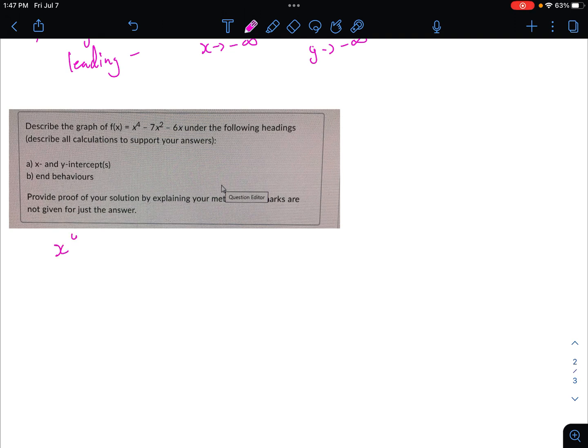On the last one here, just want to factor it first. So you basically take out an x first, then you have x cubed minus 7x minus 6. And after this point, you're going to have to use the factor theorem or remainder theorem to figure out one of the answers that works for this.